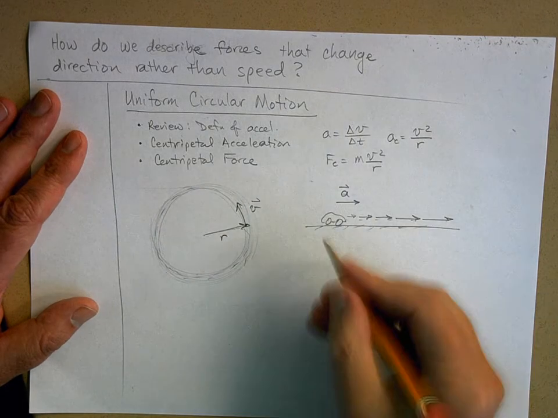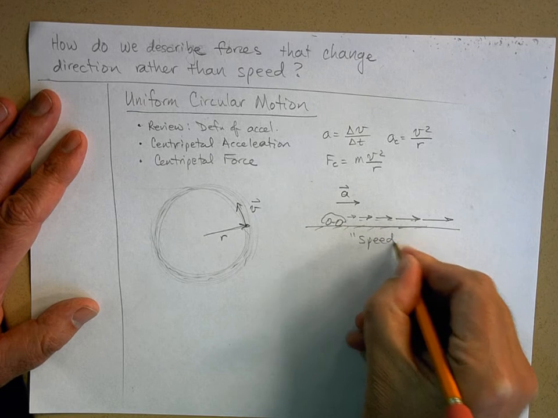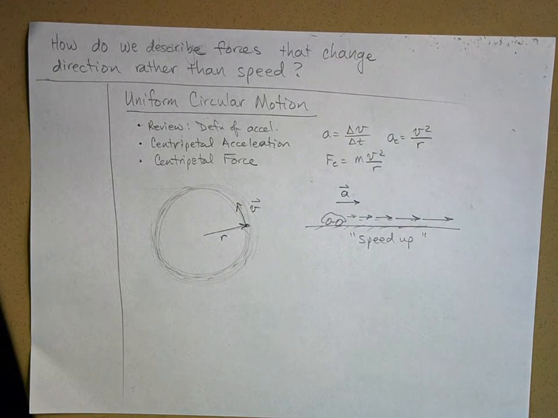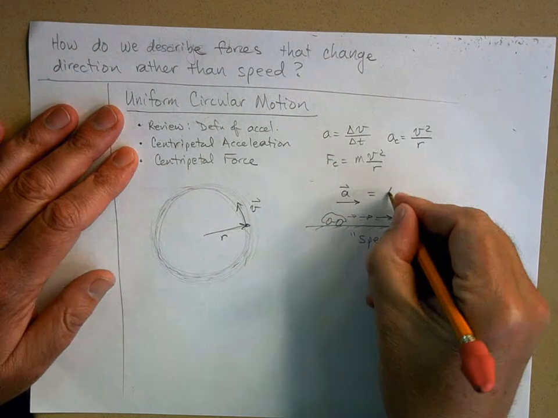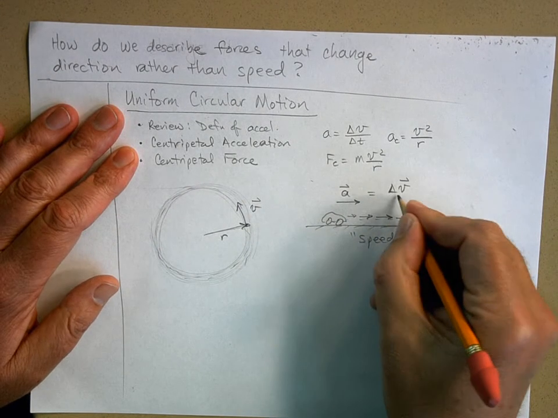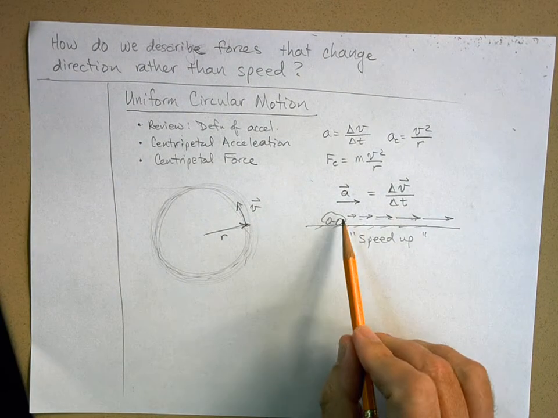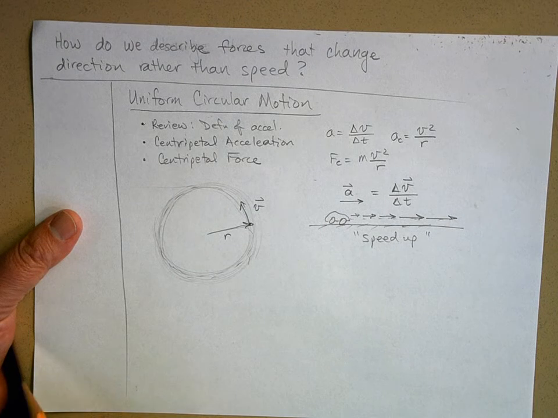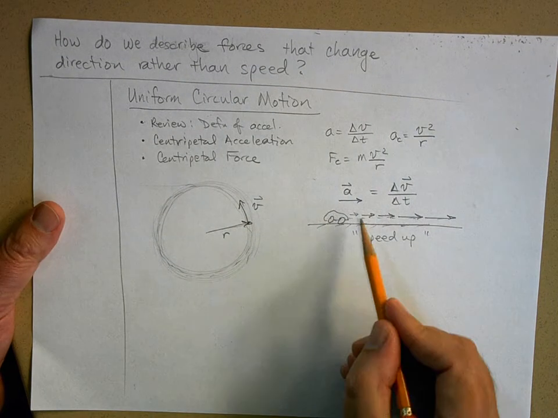So what are we doing when we speed up? Acceleration, we said, was a change in velocity over a change in time. So what are we changing about the velocity vector of this car as it moves? Well, we're changing its length.